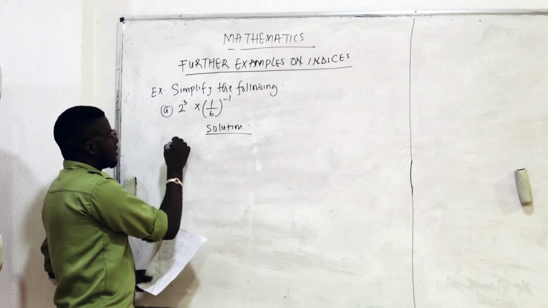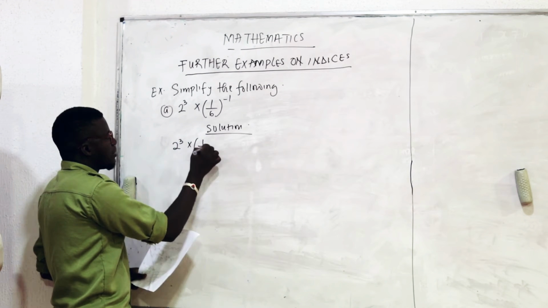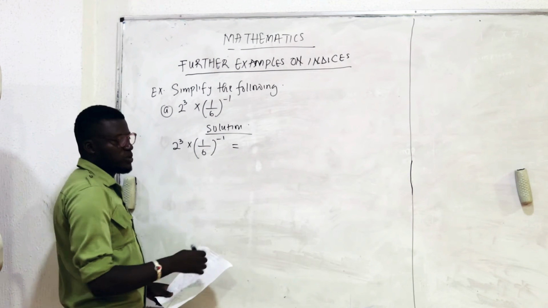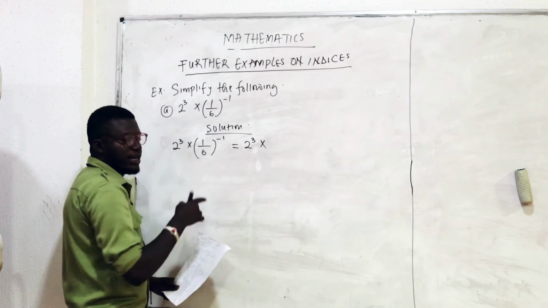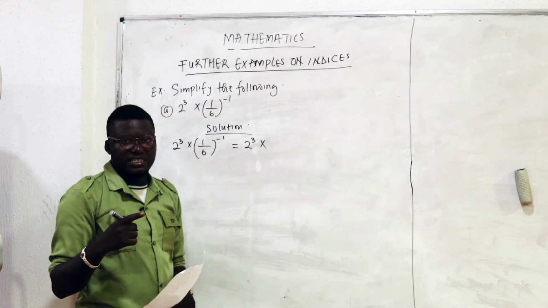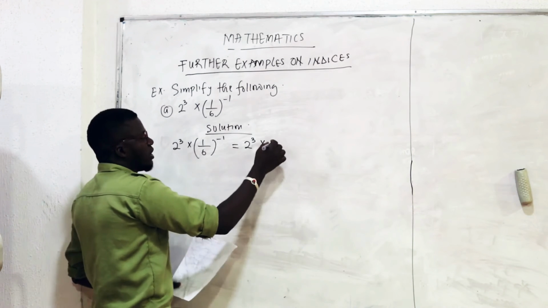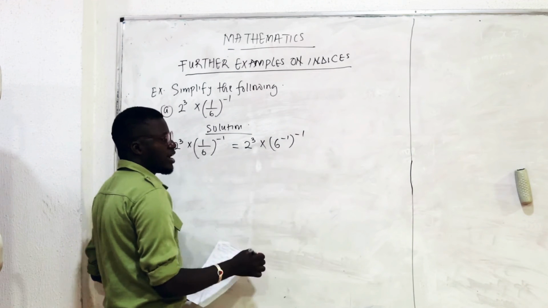I have 2 raised to the power of 3 times 1 over 6 raised to the power of minus 1. I'll have it to be equal to 2 raised to the power of 3 times, now 1 over 6, according to the law of indices, is the same thing as 6 raised to the power of minus 1. So here I'll have 6 raised to the power of minus 1, all in bracket, raised to the power of minus 1.